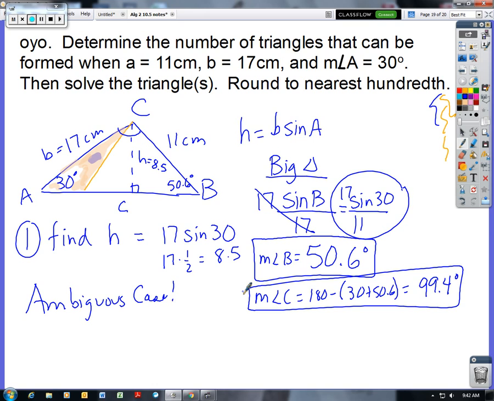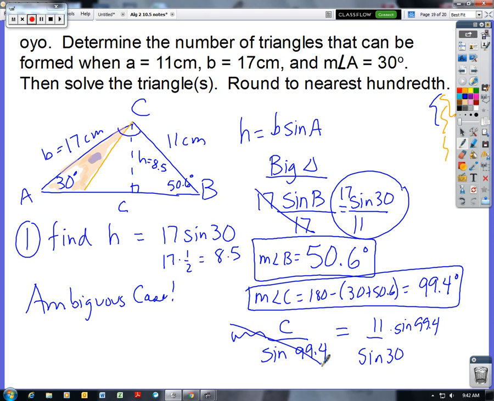I have two of the sides, so now I just need to find little c. I want my unknown on top, so little c over sine of big C, which I just found is 99.4, equals, and then I'm going to use 11 over sine of 30. And then I just multiply both sides by the sine of 99.4.